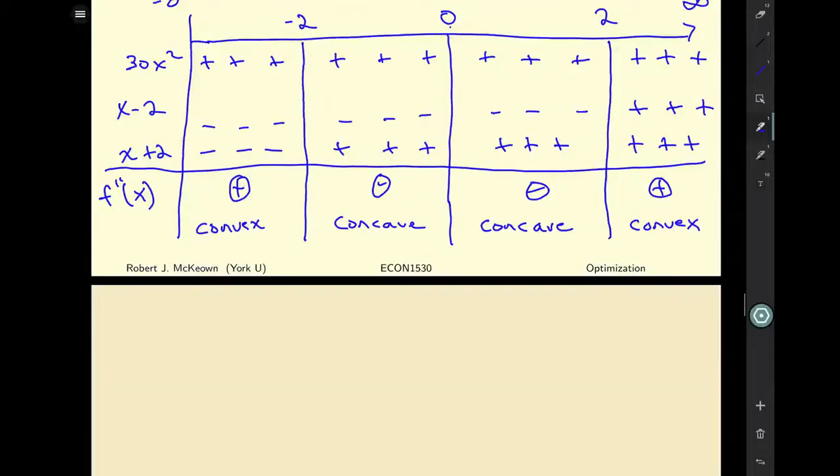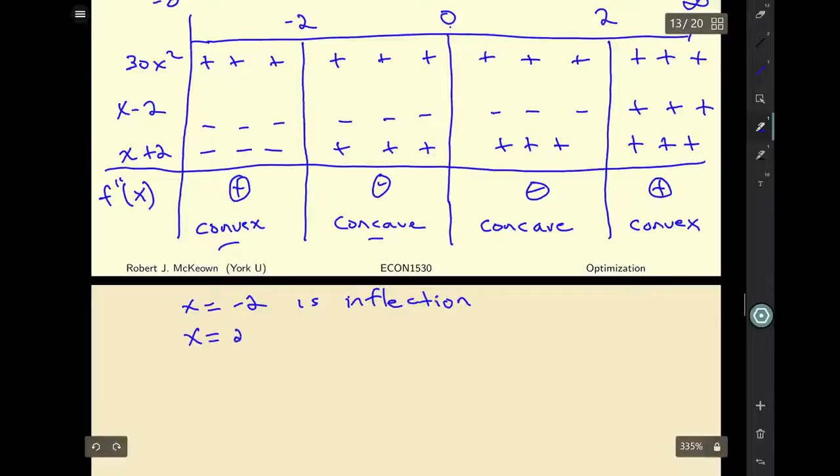So we can summarize here, and we can say that x equals negative 2, well, it's going from convex to concave, so it must be an inflection point. Remember, any inflection point occurs when we're going from convex to concave or concave to convex. And so x equals 2 is also an inflection point.